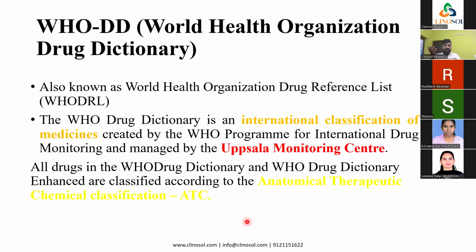There is one more thing for medical coding, which is WHODD, the World Health Organization Drug Dictionary. It is also called WHO Drug Reference List, also called DRL. Now, the WHO Drug Dictionary is an international classification of medicines created by the WHO programme for international drug monitoring. It is managed by the UMC, Uppsala Monitoring Centre.